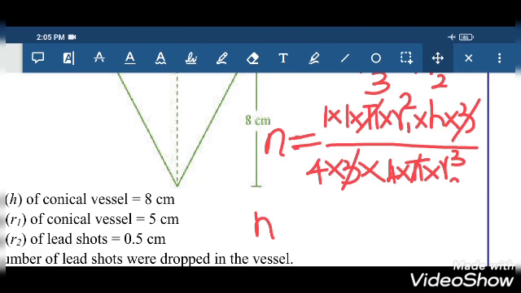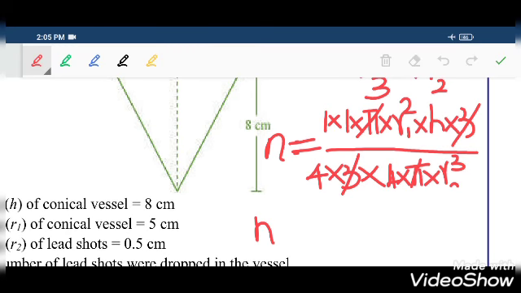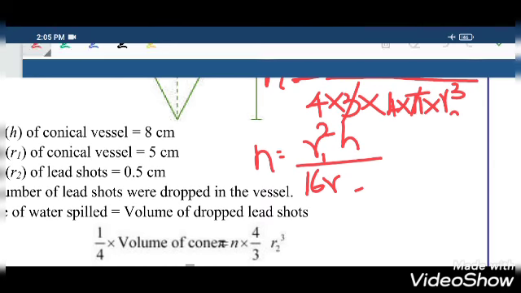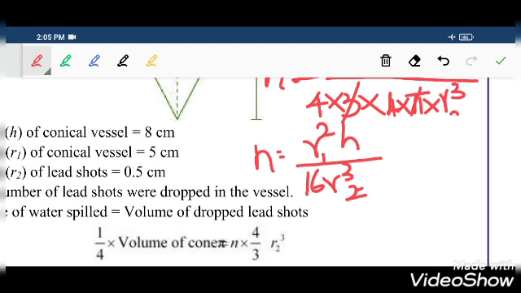So n is equal to r1 square h divided by 16 r2 whole cube.